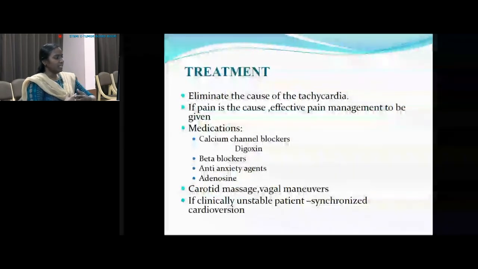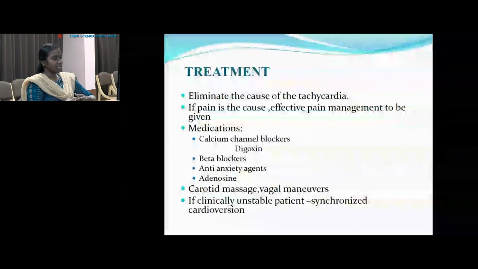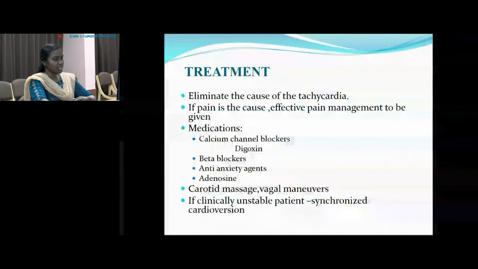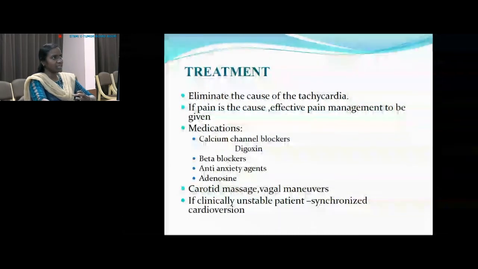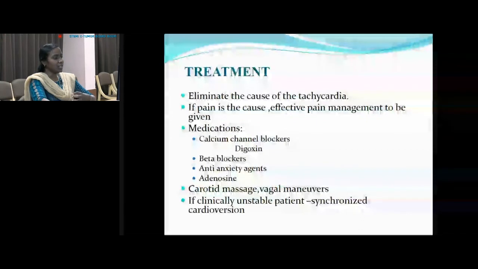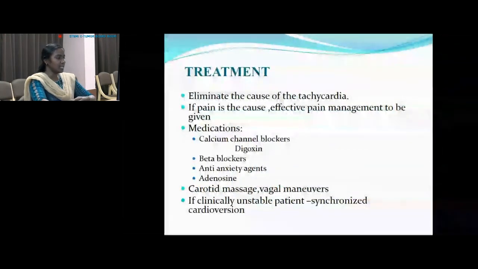Medications also can be given: calcium channel blockers, digoxin, beta blockers, anti-anxiety agents, adenosine. These medications help in relaxation of the blood vessels, so the blood flow to the heart will increase, the force of contraction may increase, and the heart rate may decrease. And carotid massage or vagal maneuver should be given.